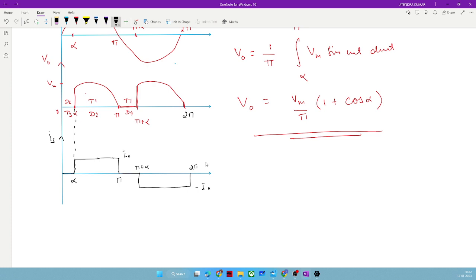Now you would expect some reduction in source current value, either average, RMS, or anything. So let's compute the RMS value of source current. You can go the standard way, or just by looking at this waveform, since it is periodic with pi.